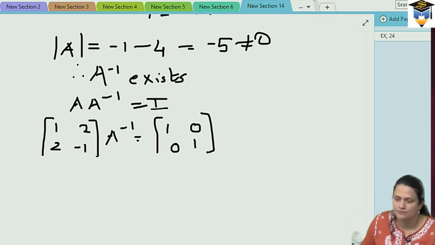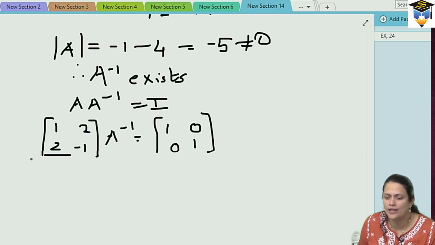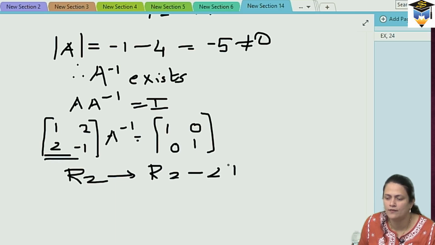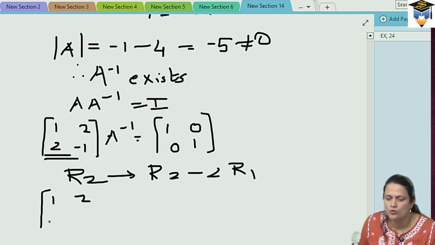Now what I am going to do is, I want this element to become 0, correct? So I am going to change R2 in such a way that it is R2 minus 2R1. As you can see, first row remains as it is. 2 minus 2 is going to be 0.